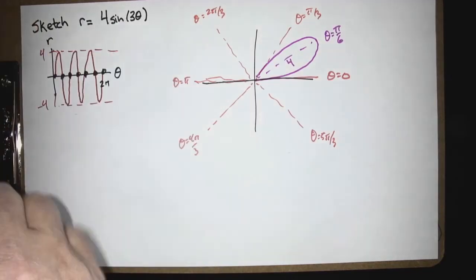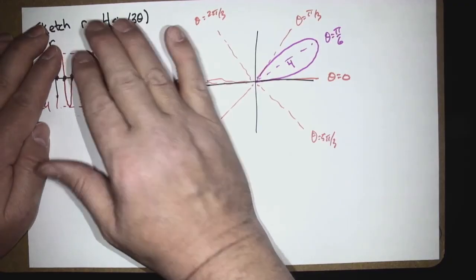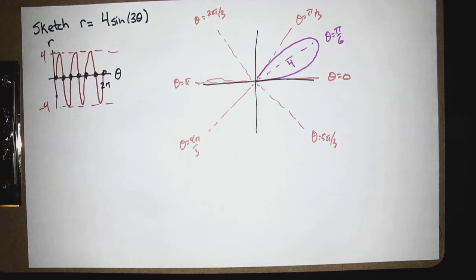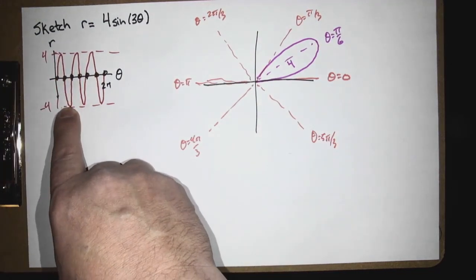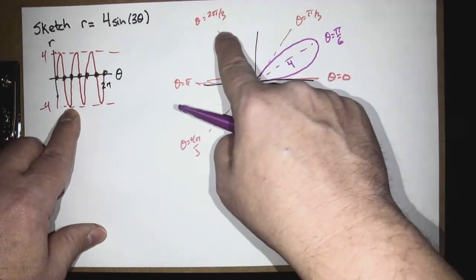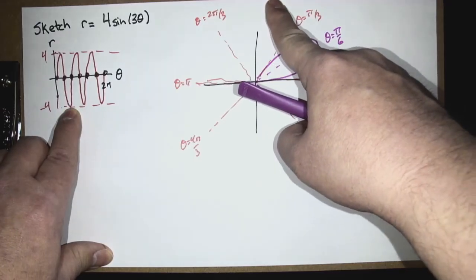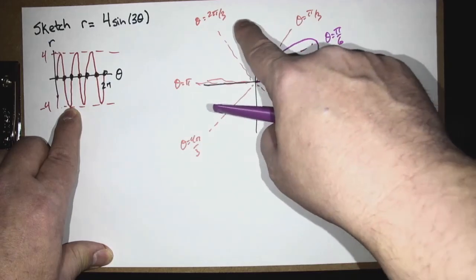Now, for the next interval, I'm going to say, focus on this part. We're at pi over 3 to 2 pi over 3. So we're up here. What do you notice about the sign? It's negative. Now, if it were positive, we'd be drawing up here. If it's negative, where are we going to end up drawing? Down. We're going to go opposite.